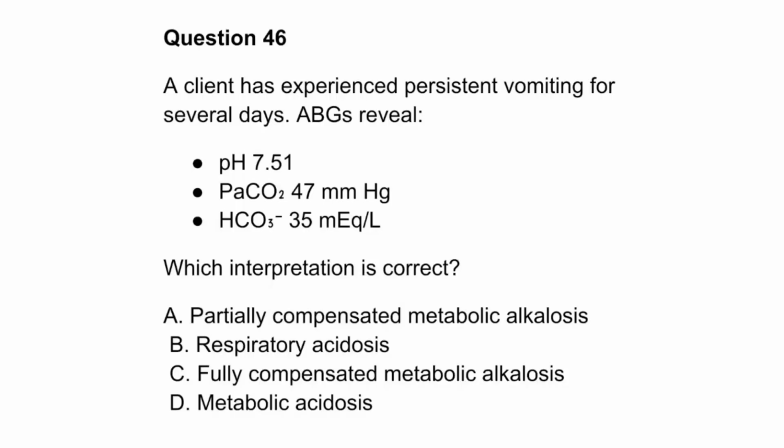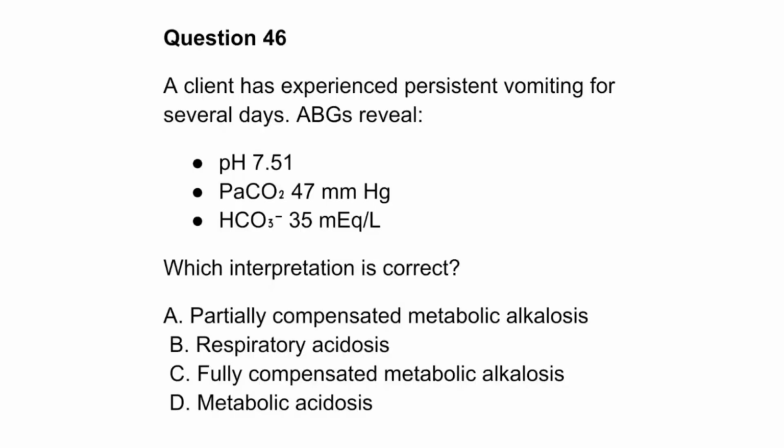Question 46. A client has experienced persistent vomiting for several days. ABGs reveal pH 7.51, PaCO2 47 millimeters of mercury, HCO3 35 milliequivalents per liter. Which interpretation is correct? A. Partially compensated metabolic alkalosis. B. Respiratory acidosis.